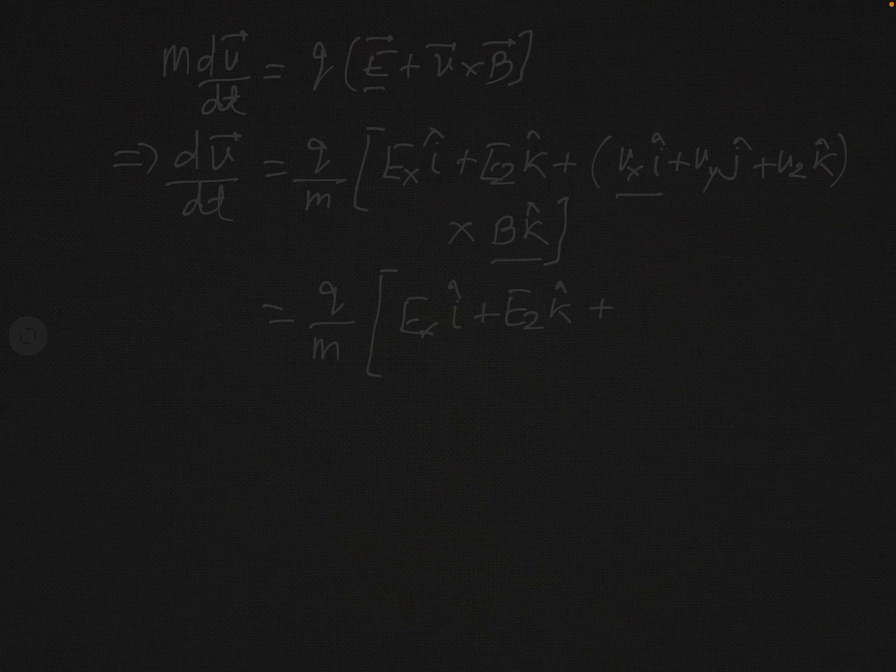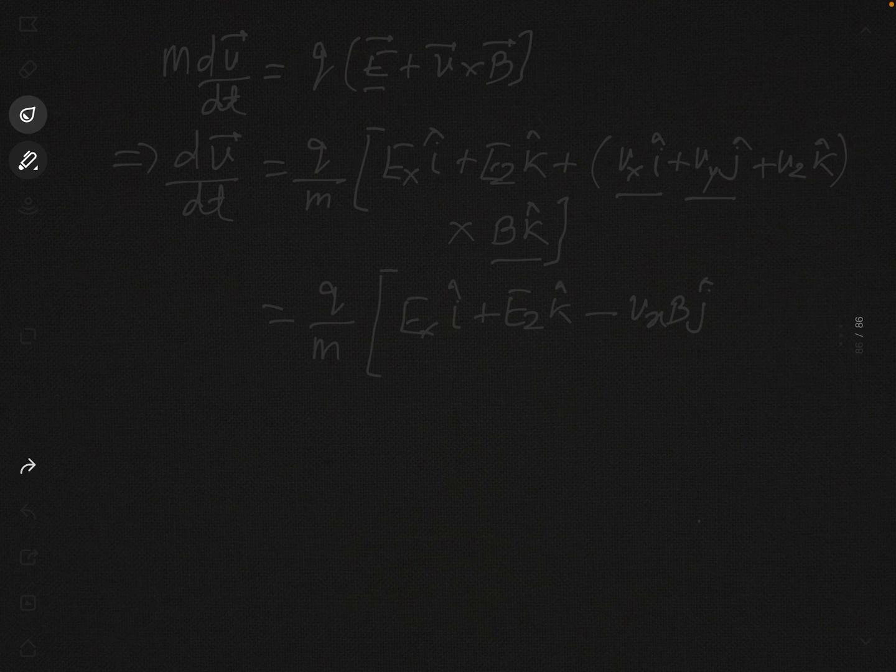Since i cross k is minus j, this will be minus Vx B j. Again Vy j cross B k.